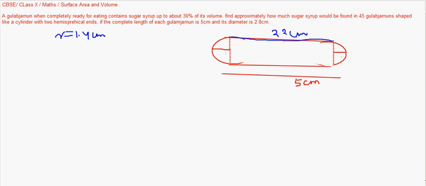So we write volume of one gulab jamun is equal to volume of two hemispherical ends plus volume of the cylinder.